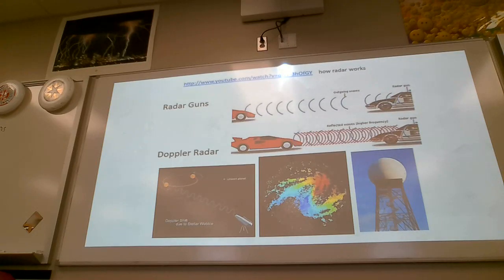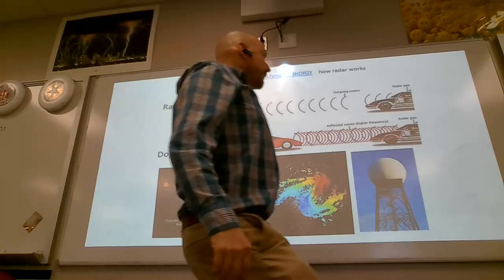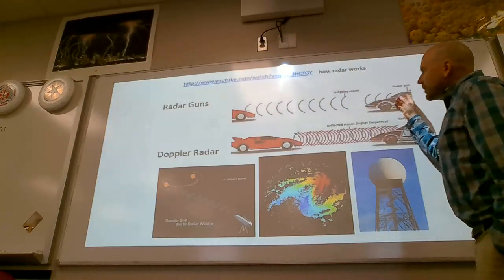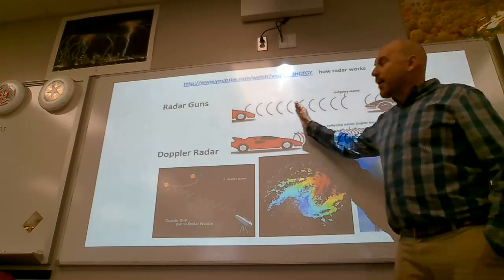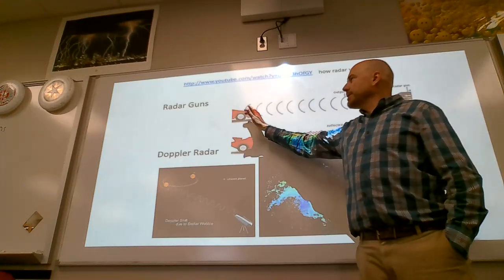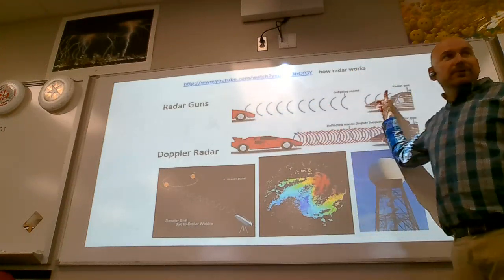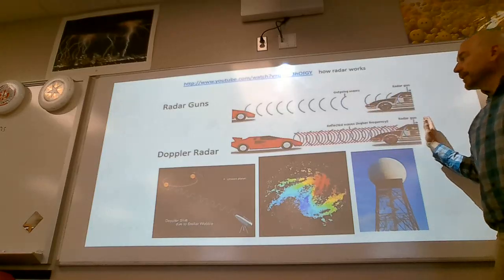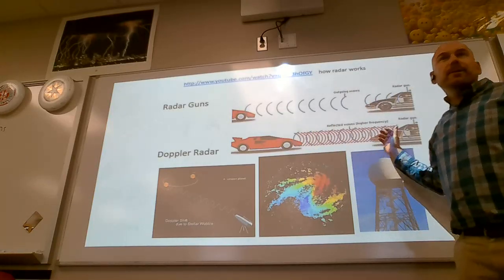Radar guns and Doppler radar use the Doppler effect as well. The radar gun shoots a certain frequency of radar going out. If the car was stationary, it would bounce back the same frequency. But if it's moving, it's going to bounce back a different frequency.